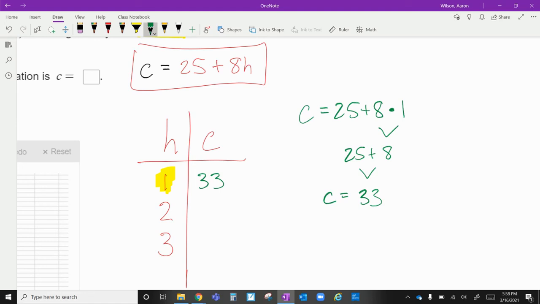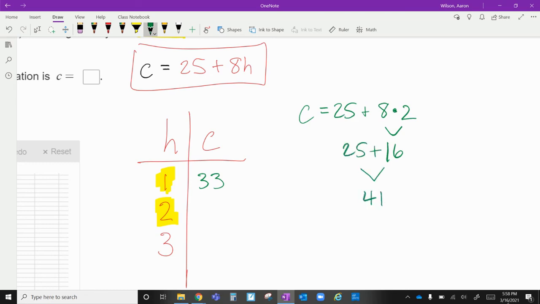Now we're going to plug in the number 2 this time. Let's say we rented it for 2 hours. So start back over, and it's going to be 25 plus 8 times 2. 8 times 2 is 16. And then I have to add 25 plus 16, and that's 41. And the last one we're going to plot is if we did 3 hours.